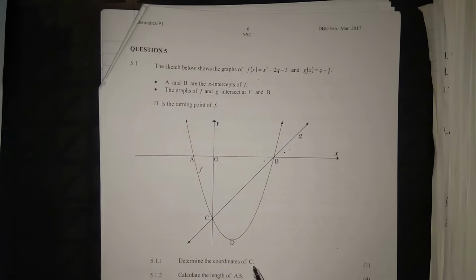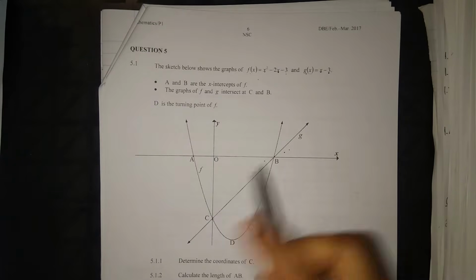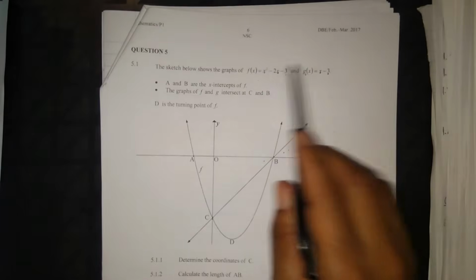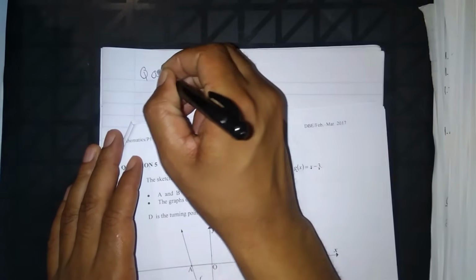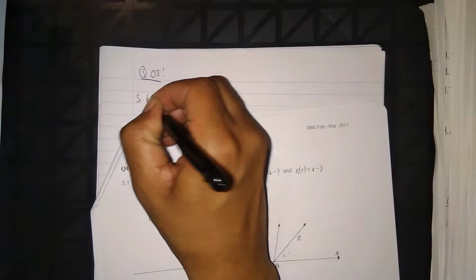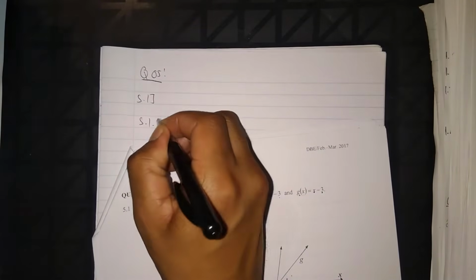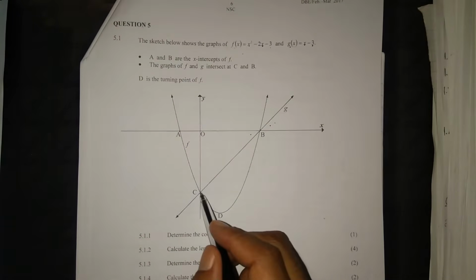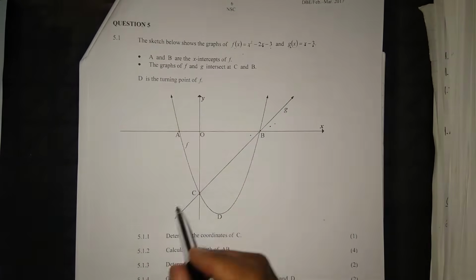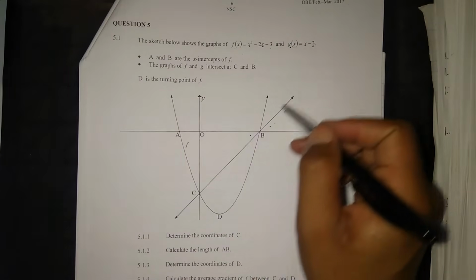5.1.1 determine the coordinates of C. Here you can determine the coordinates of C using g of x or f of x. It's the y-intercept of graph f and graph g.